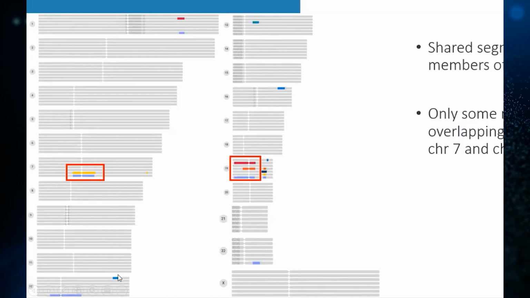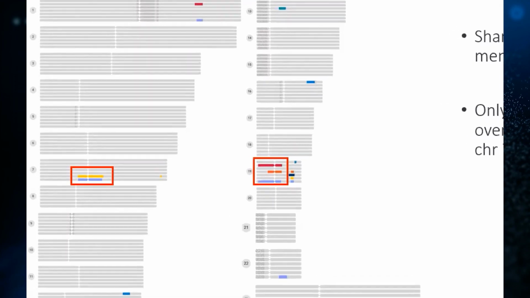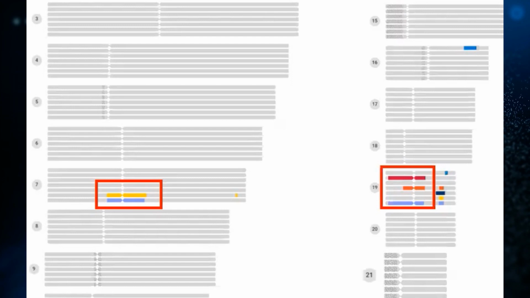Only some matches have overlapping segments, only the ones on chromosome 7 and 19. This is quite typical, because especially with clusters with a common ancestor who is pretty far back, say you have four cousins, you wouldn't expect all four to share the same segments. It's just statistically not possible that it is always the case.